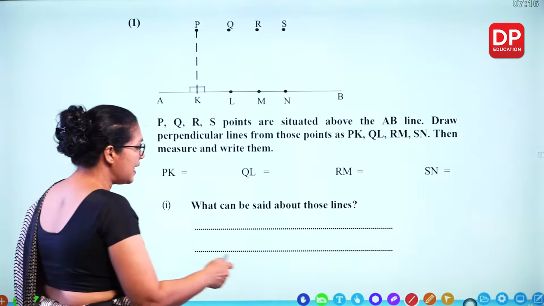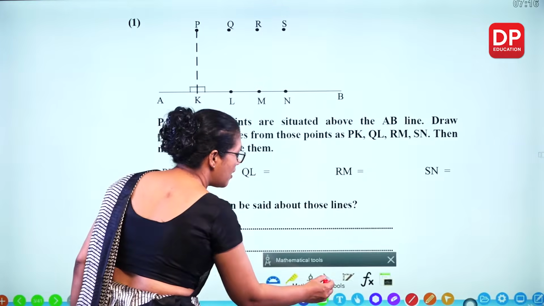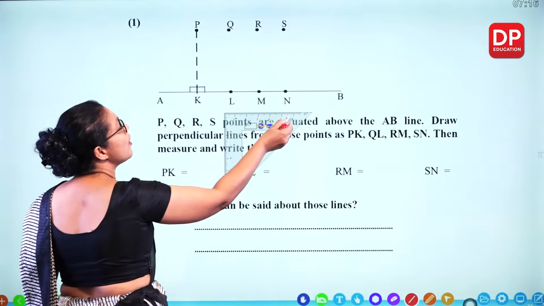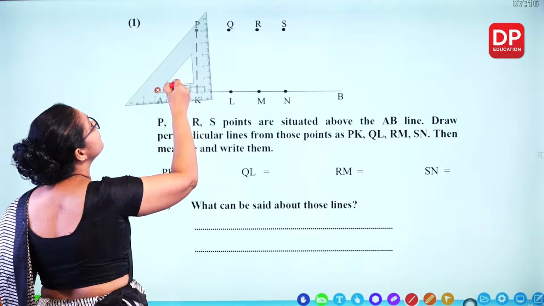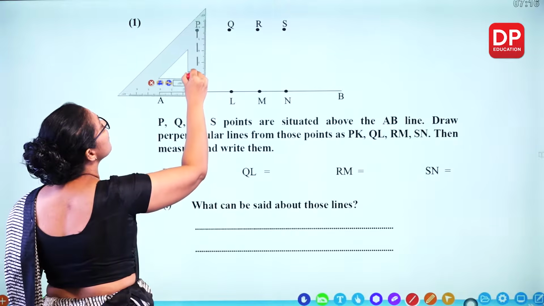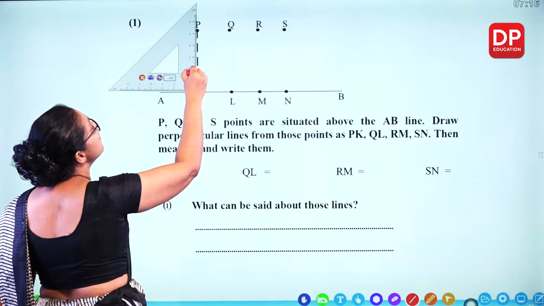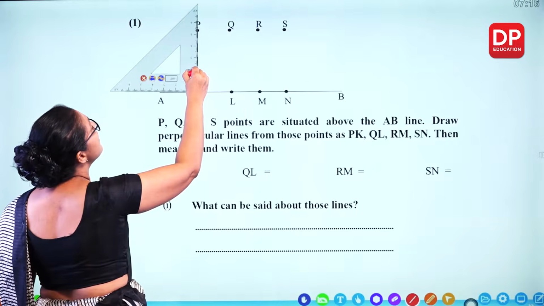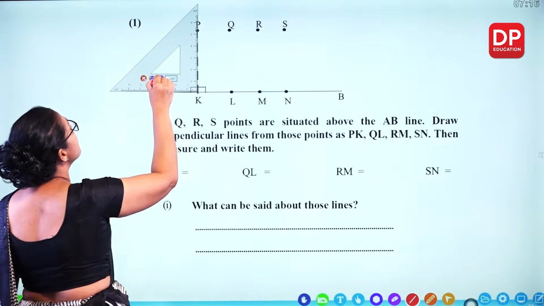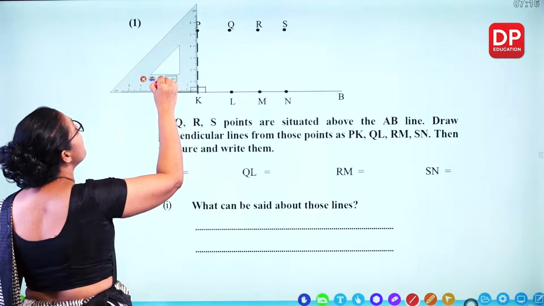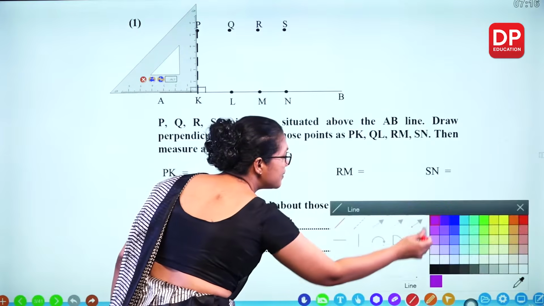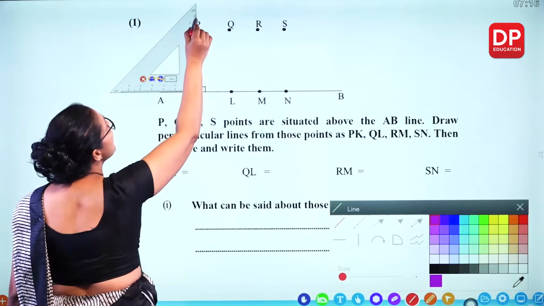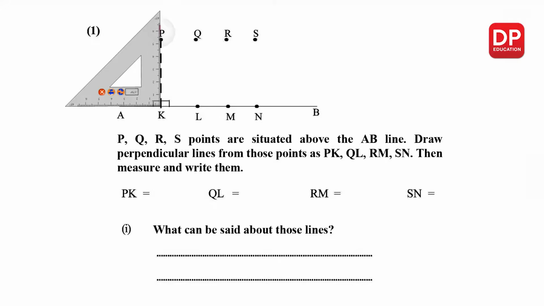So we'll take the set square, and keep this edge on top of the AB line first. Make sure that you keep it properly, and then you can draw the line. First we connect these 2 points, so PK line.